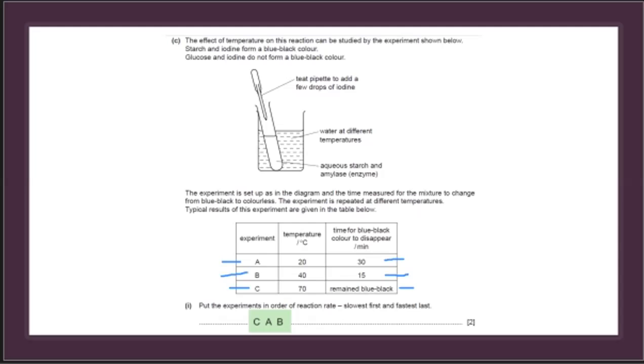Which one would take the most amount of time? This one that remained blue-black has not changed, so that would take the most time. So C comes first. Then A takes 30 minutes, so A comes second. And B takes 15 minutes, so B comes third. So in order of slowest to fastest would be C, A, B.